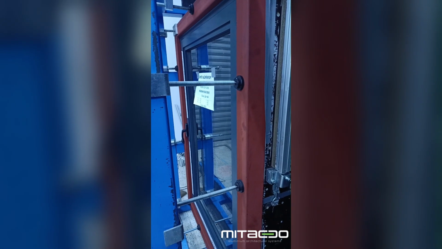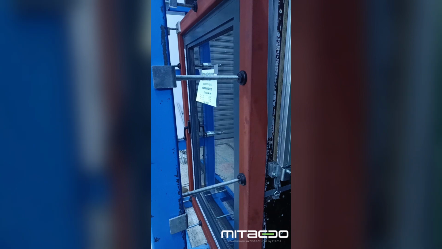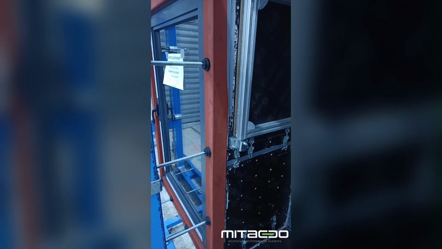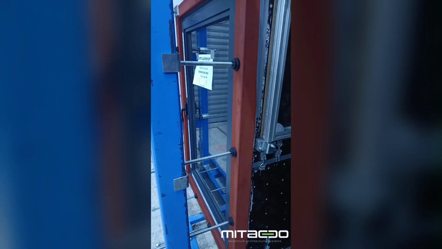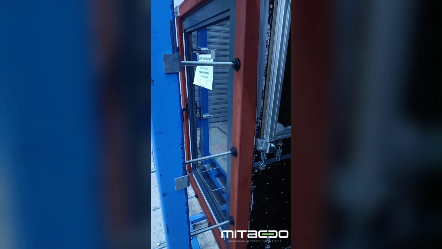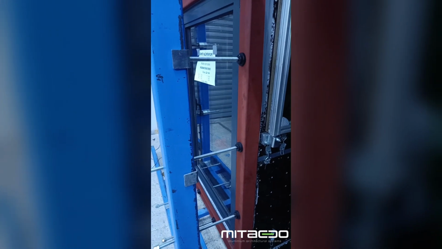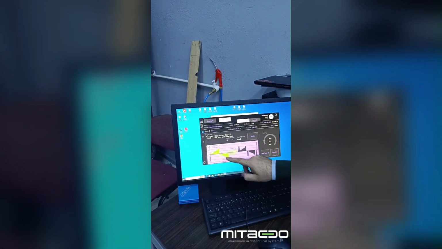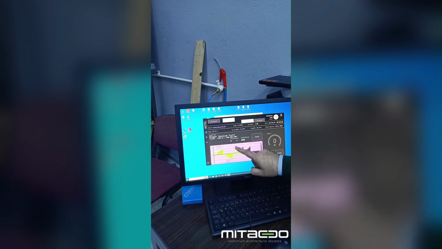Now, we see the glass stretching as a result of impacts. Our positive and negative deflection test is finished. This was step 1.